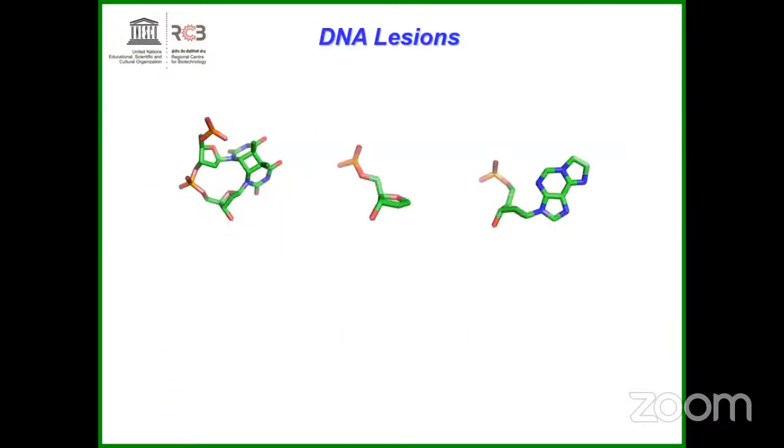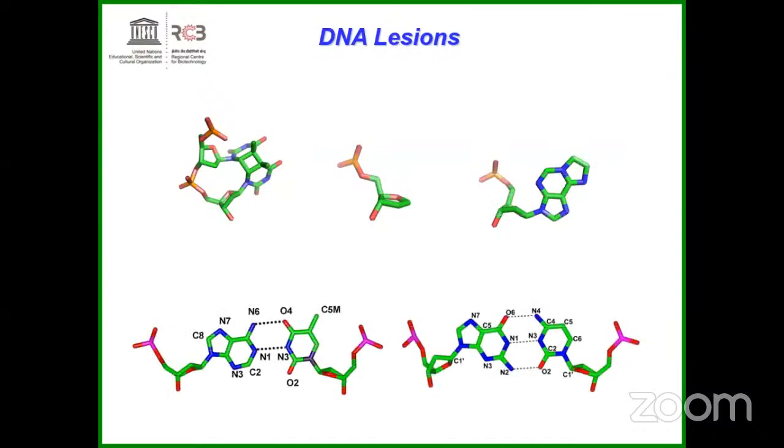Okay. So the last section is based on translesion DNA synthesis, which is another important function. All of you are aware that the DNA has the blueprint of life and it has to be replicated.